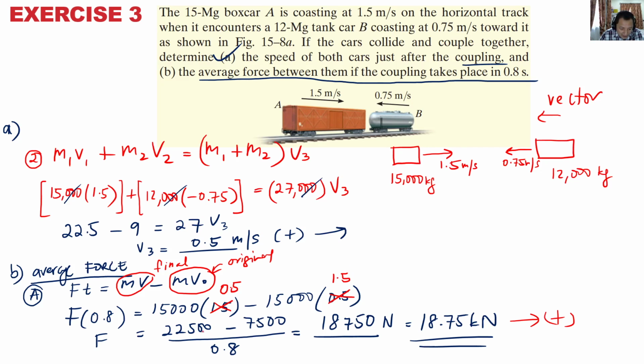So this is actually not 22,500 minus 7,500. It's actually 7,500 minus 22,500, divided by 0.8, and you're going to get a negative.